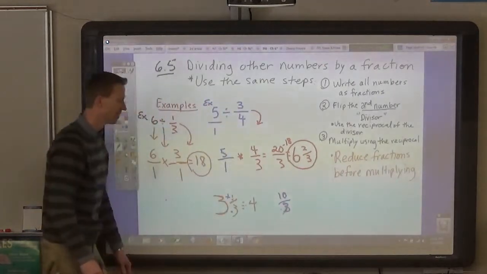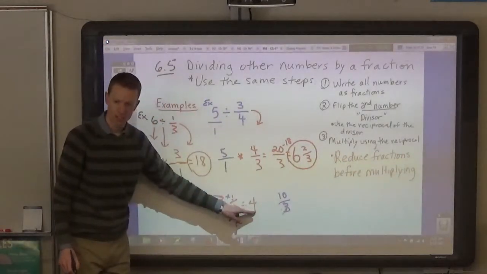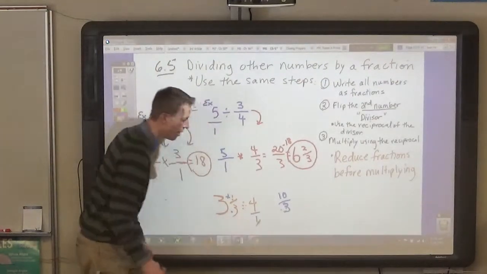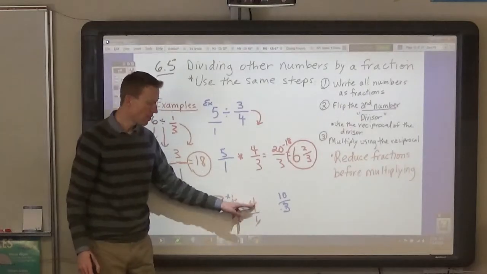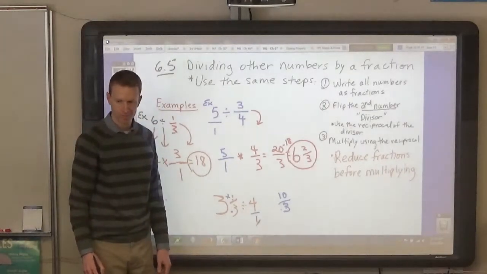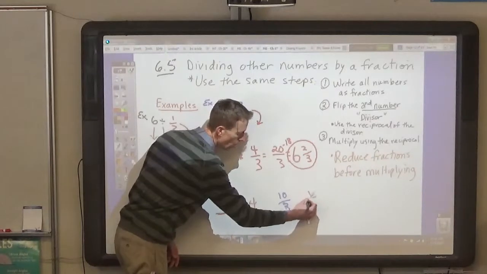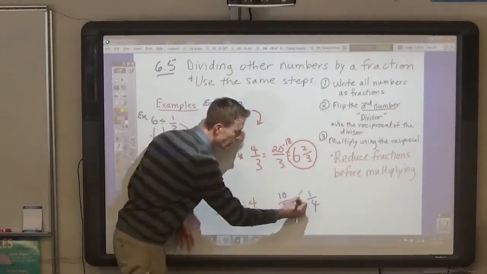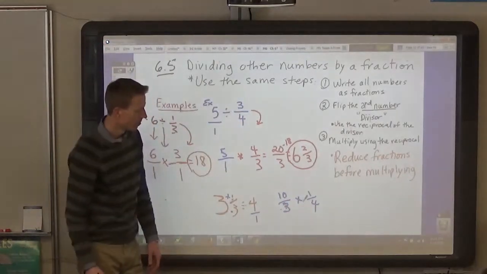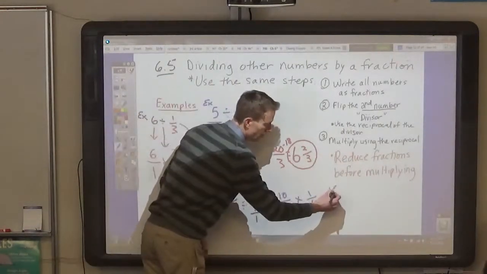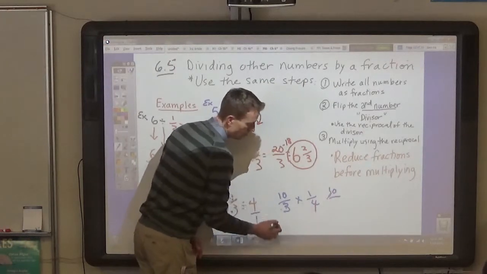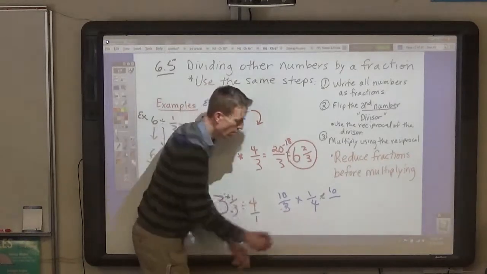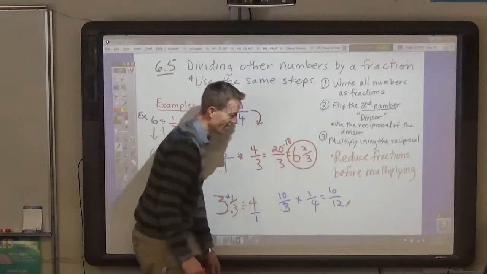How do we write 4 as a fraction? 4 over 1. Now, how do we find its reciprocal? Good. So it's 1 over 4, and change division to multiplication. 3 times 4 is 12.